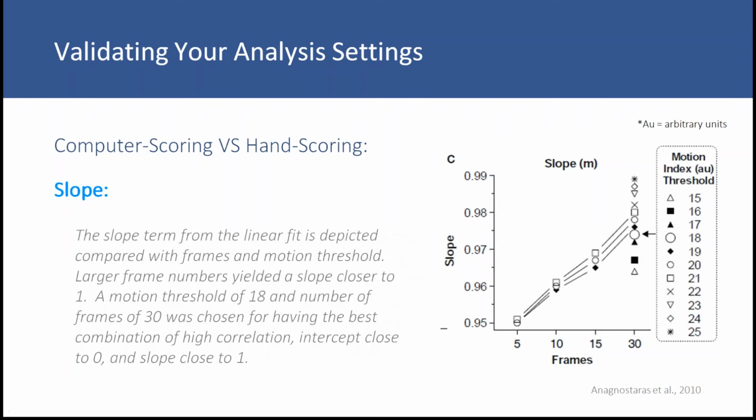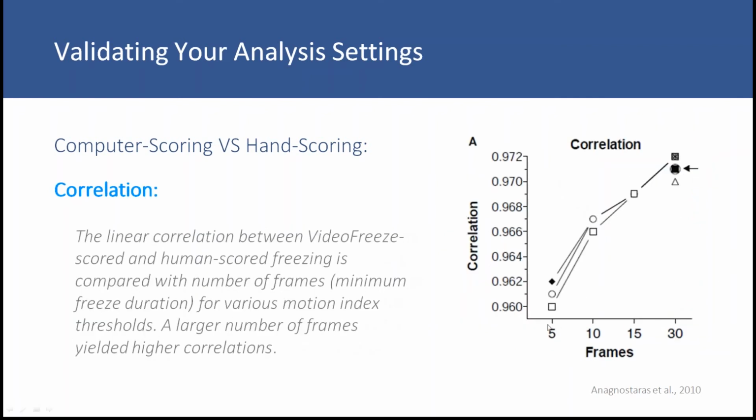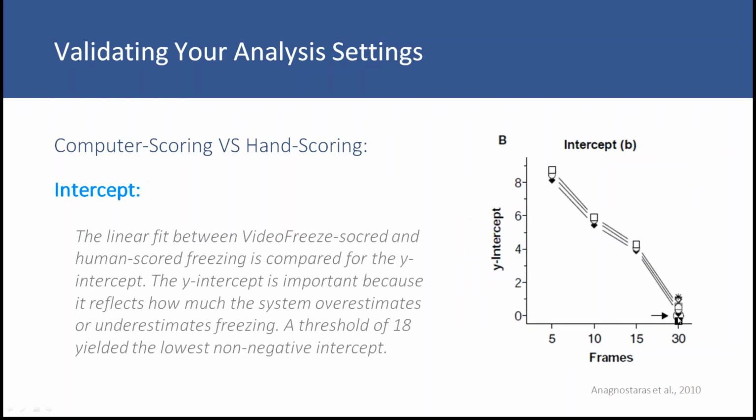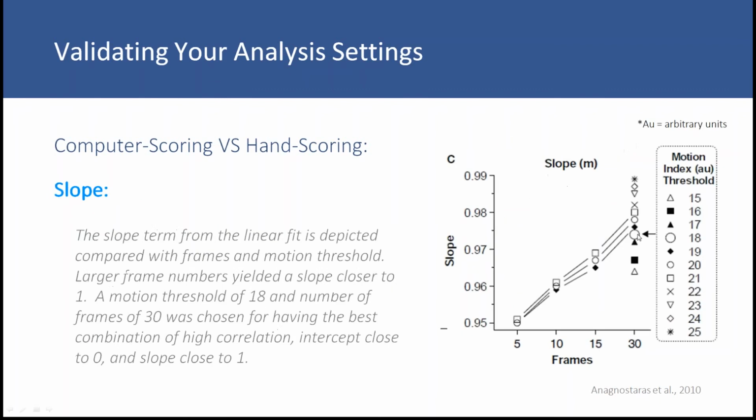So again, we went through and tested a series of minimum freeze durations at different motion index thresholds, and we correlated the human scores and the computer scores by varying those parameters. And in the end, we were able to determine the best set of parameters that gave us the highest correlation coefficient, the y-intercept closest to 0, and a slope closest to 1.